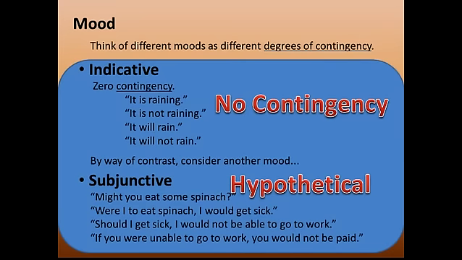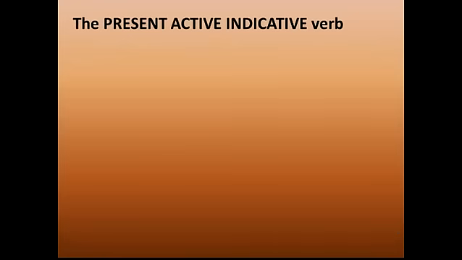But if you can understand what we've said about the subjunctive mood and the fact that there's contingency in the subjunctive mood, then when we think about the indicative mood and say there's no contingency, you'll understand what we're talking about. So when we talk about the verbs that we're going to introduce in today's lesson as being present, active, indicative, we're saying the tense is present.